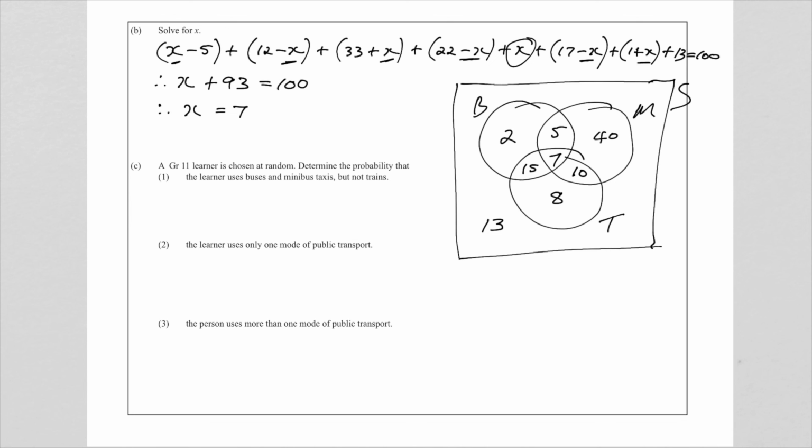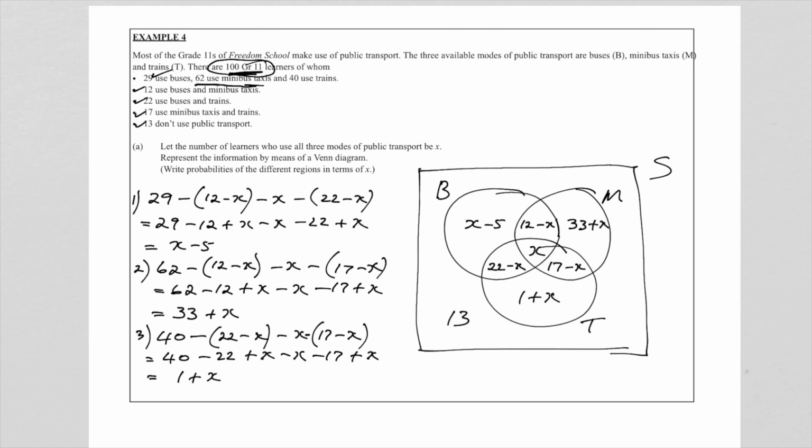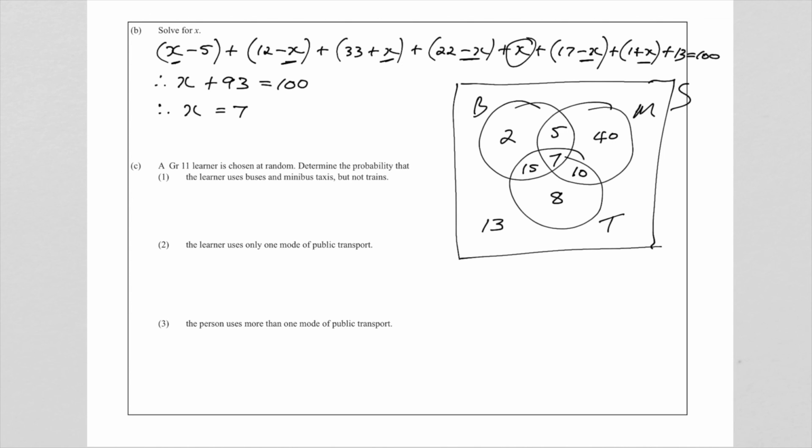So this is now where, after we substituted in the previous diagram, in this diagram I substituted every x with 7, and I've got now how many in every one of those parts. So we are now ready to answer these last few questions.